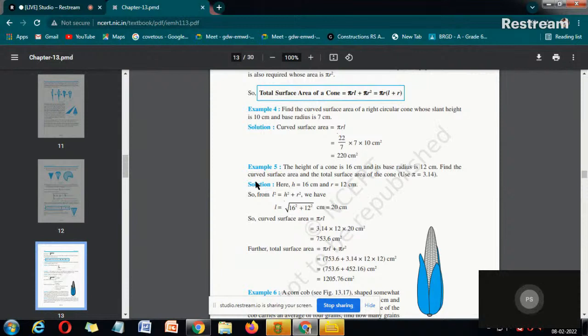Here what are they talking about? 1 centimeter square, it is 4. Then how many will be for the total? That means total area we should find first.